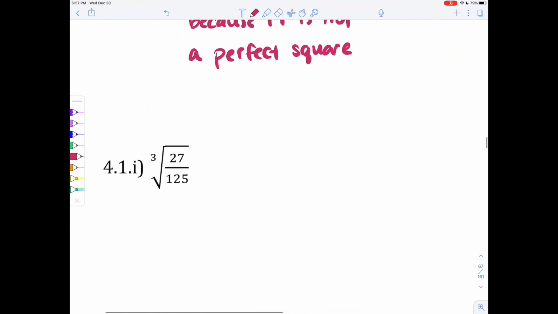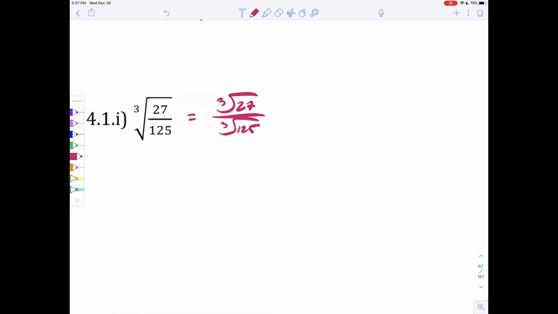These next ones have some fractions involved, but we can deal with them by noting same as with the exponent laws, where you have a over b to the power of something. That's like taking that power of both the top and bottom. Same. This cube root can apply to the top and bottom. And by that logic, we can say that this one is actually going to be rational.